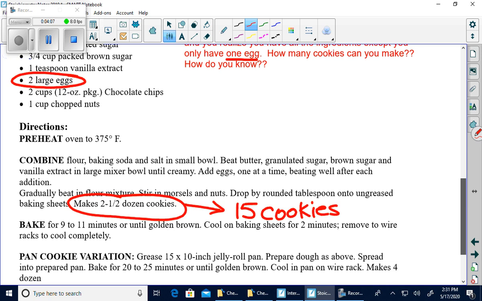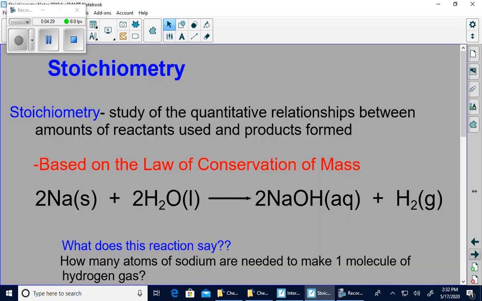I don't know about you, but I could eat 15 cookies if I was really hungry for cookies. 15 would be all right for me. In fact, probably be better than me eating all 30. Okay, so you know what? That's stoichiometry. That's all it is. So let's talk about it with chemical reactions.